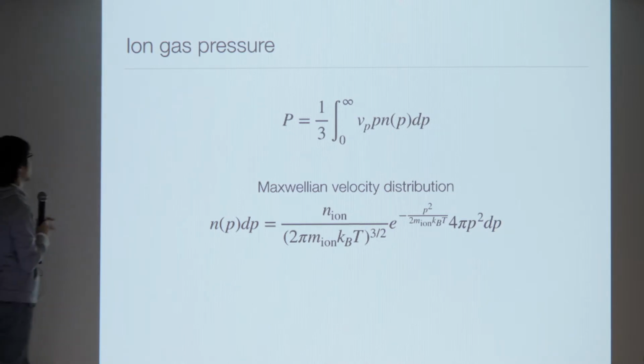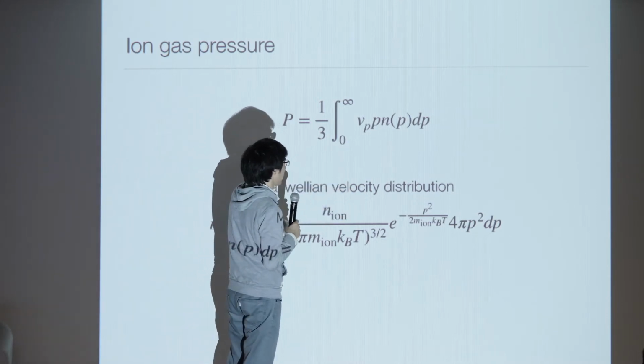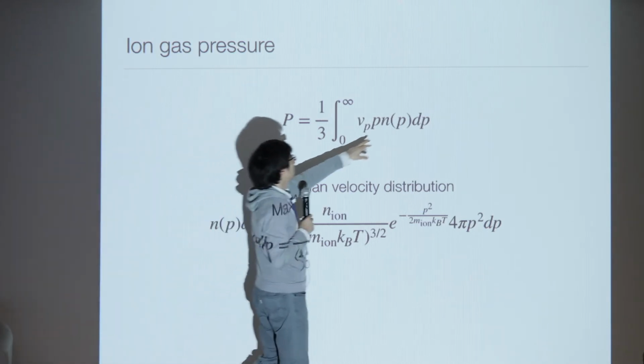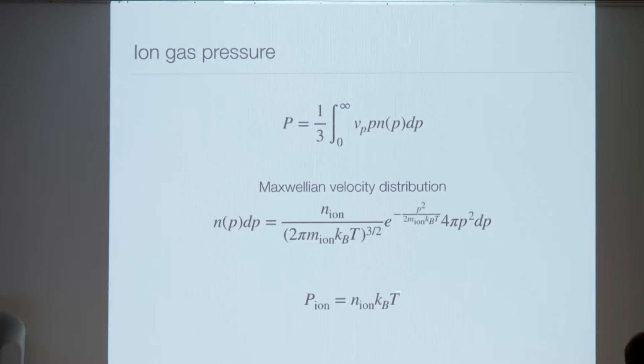So basically, you can get the pressure by putting this velocity distribution in here, and then you can integrate and get the relation between pressure and other variables. In the end, what you get is this very simple equation: ion pressure is proportional to the total number of ions, the temperature, and also the Boltzmann constant.